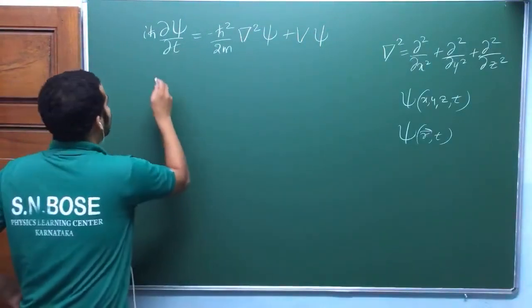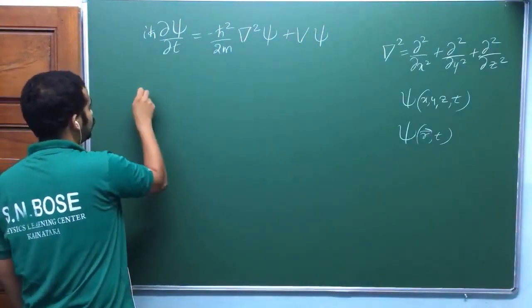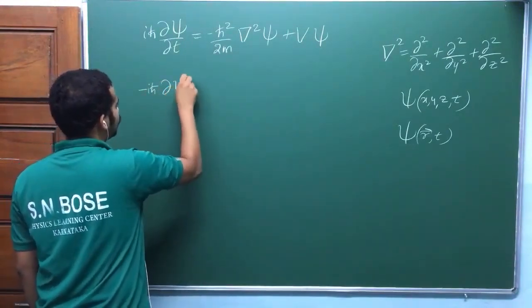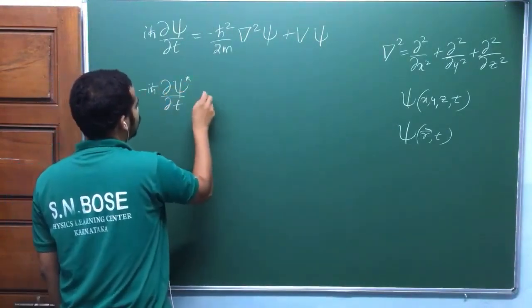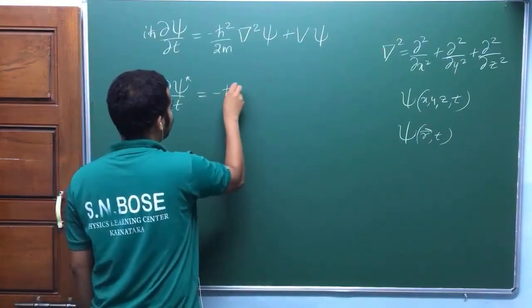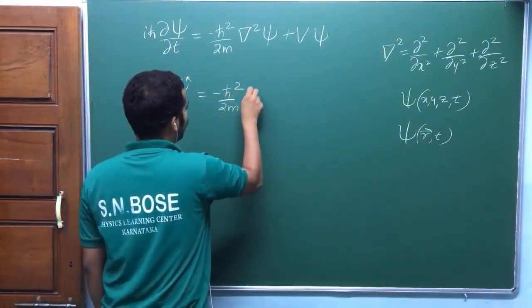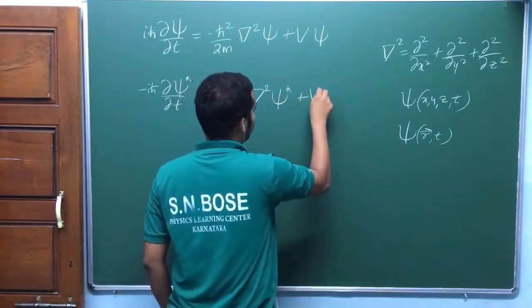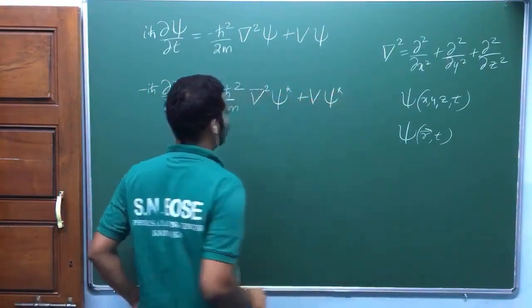But V is real. So when I take the complex conjugate of the equation, minus i h bar dou psi star by dou t is equal to minus h bar square by 2m del square of psi star plus v into psi star. Am I right or not?